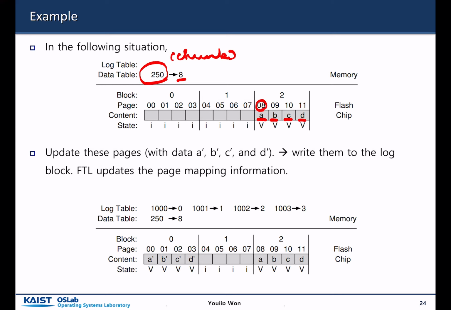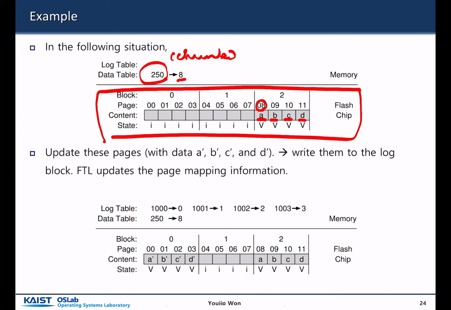Now, in this situation, we are going to update these pages with A, B, C, and D. Because we are overwriting the existing pages in the data block, the FTL writes them to the log block and updates the page mapping information as follows.